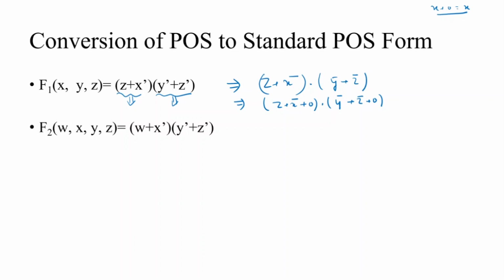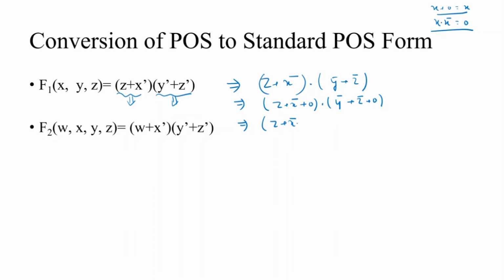Then we see which particular literal or variable is absent. This function contains 3 variables, and here only 2 literals are present, 1 is absent. The absent one is y. This is written as z plus x complement, and 0, we know, is what we get when we multiply a variable with its complement: when we multiply any variable with its complement, the result is 0.